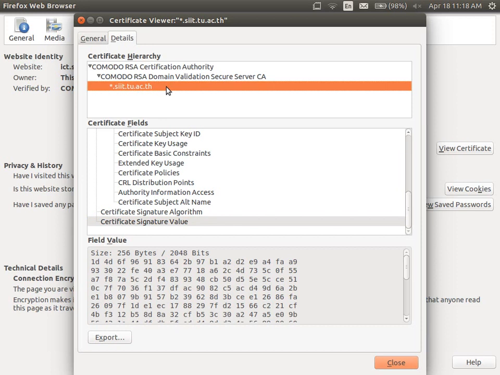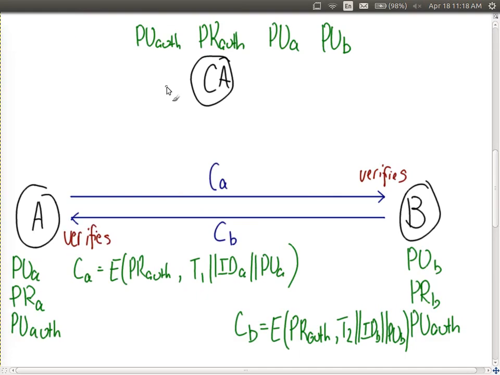This is the certificate of SIT. Let's just note it down and we'll show you some other values. We'll see that there are multiple certificates. And rather than writing down all the values, I write a summary.